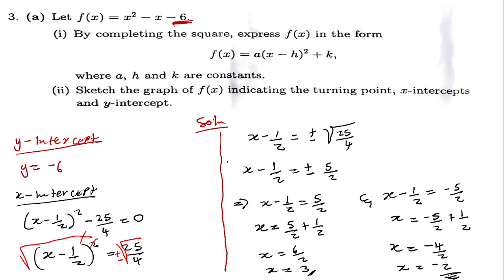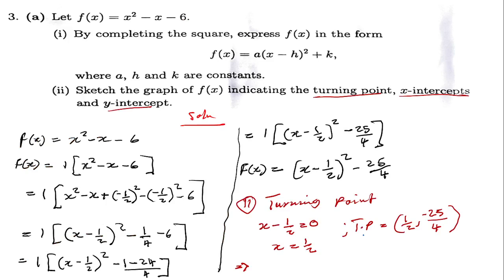Nothing. So we'll now sketch our graph, which will be sketched in the following way. So we have the y-axis and you have the x-axis like that. Okay, so from this information, you are going to get the turning point.